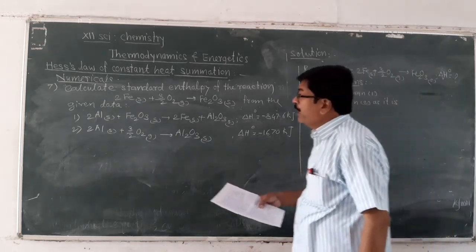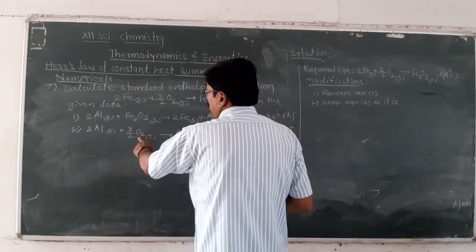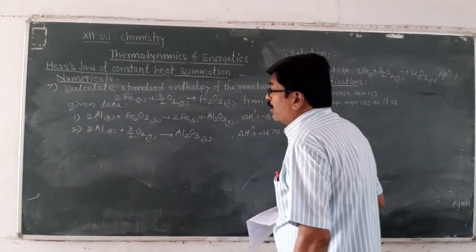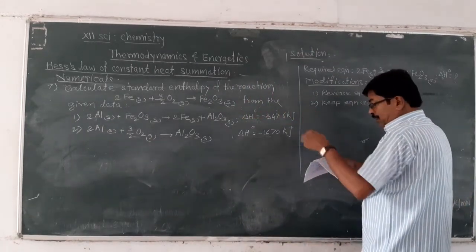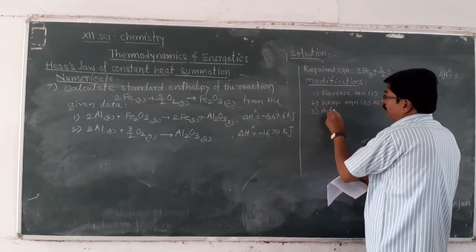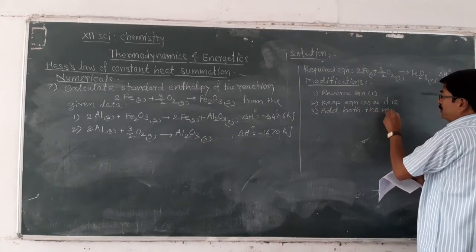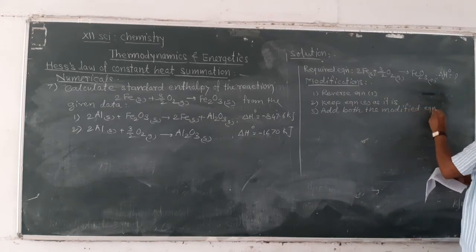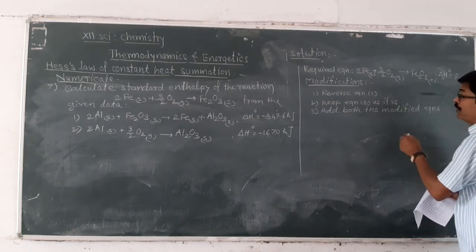Why? Because we want 3/2 O2 on reactant side, and they are present as per our expectations in equation 2. And finally, add both the modified equations. These are the only modifications to be made to get the required equation.